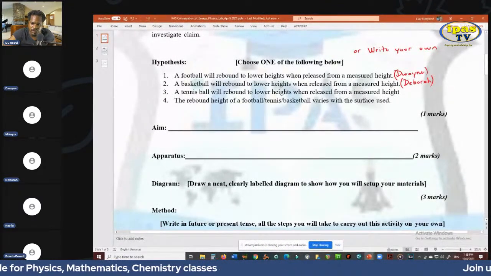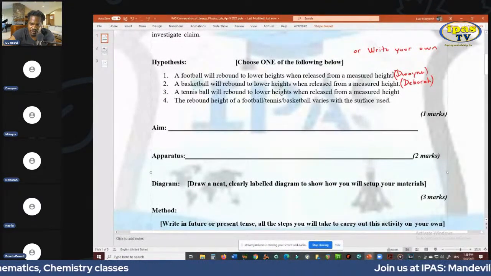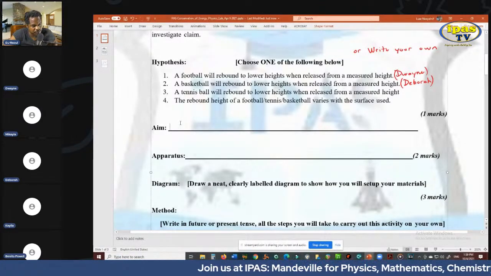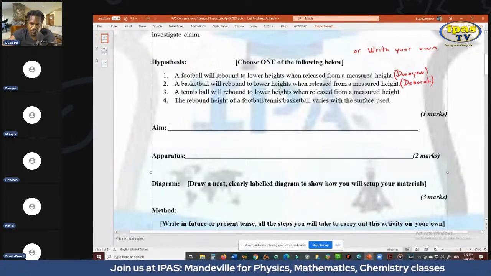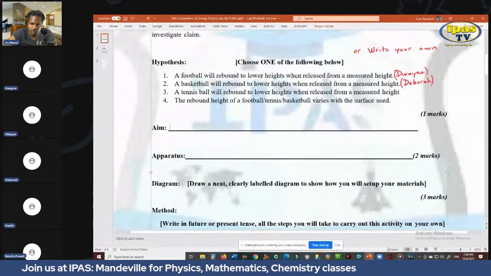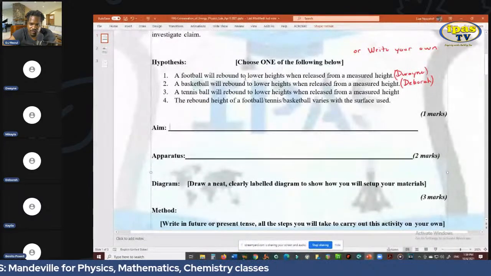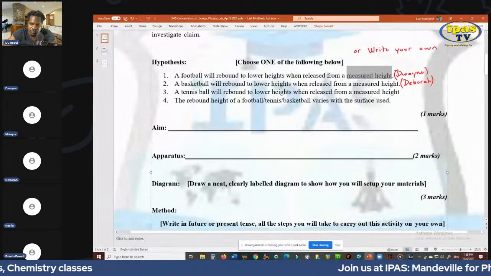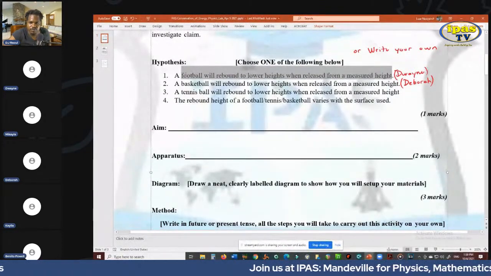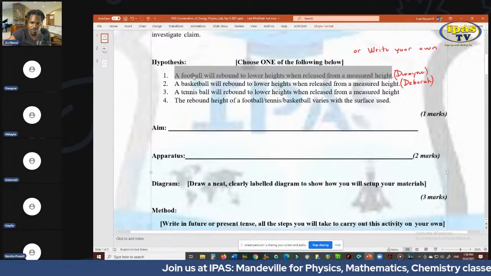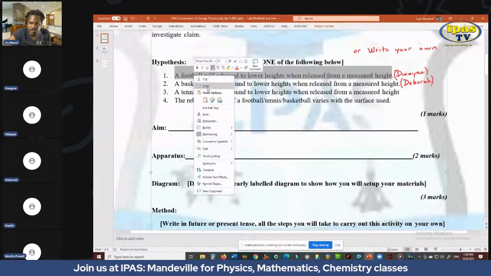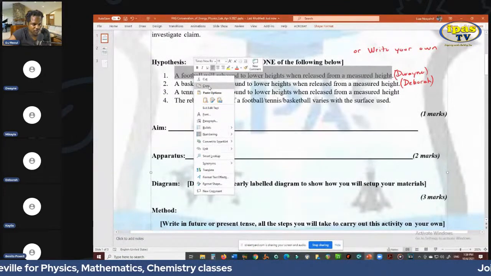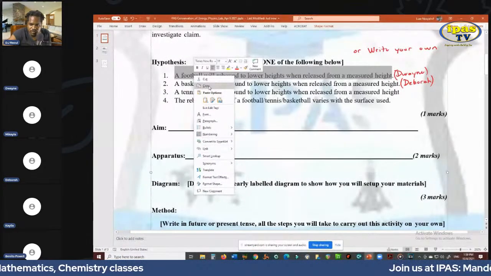Football will rebound to lower heights when released from a measured height. And your aim now could read: to determine if a football will rebound to lower heights when released from a measured height. You just use back this and put 'to determine if'. So you get the full mark there. You get a mark for that. So you'll be getting 2 marks then for just really doing not much really.